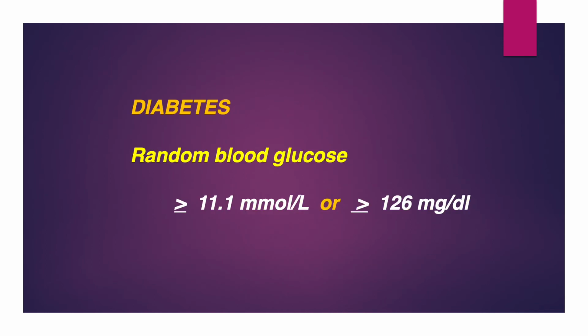Random blood glucose reaching 11.1 millimoles per liter or 200 milligrams per deciliter or more is said to be in the diabetic range, warranting further investigation and treatment.